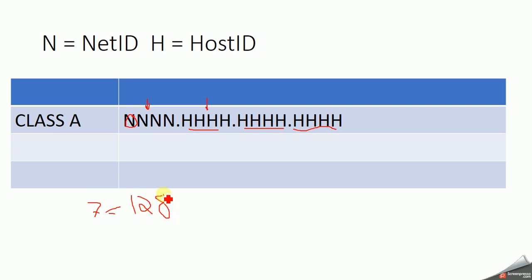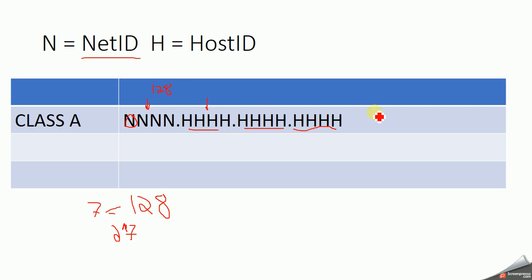Or mathematically, the way you look at it would be 2 to the power of 7. So 2 to the 7. Okay. So that means that 128 would be the maximum for class A, for a net ID.